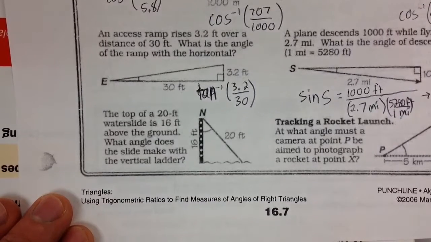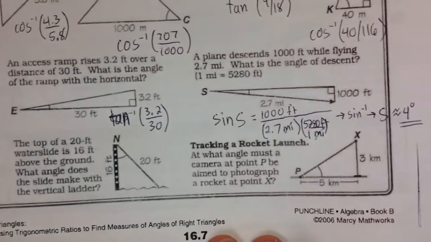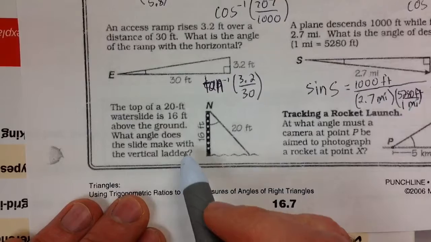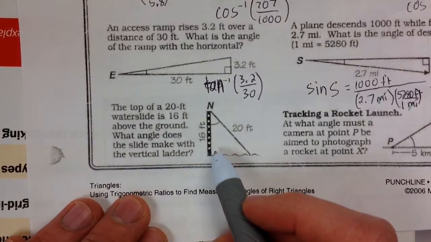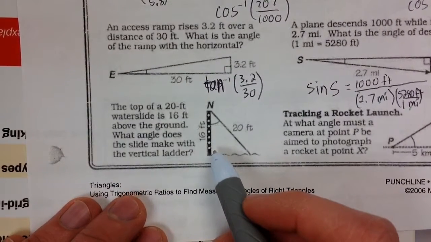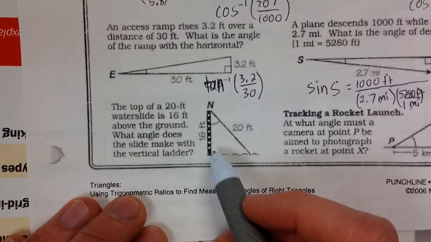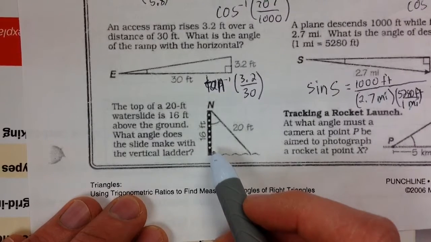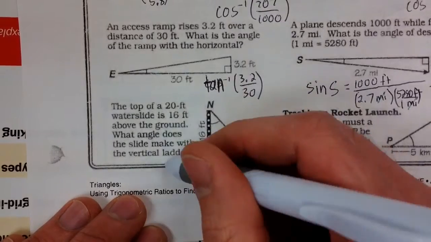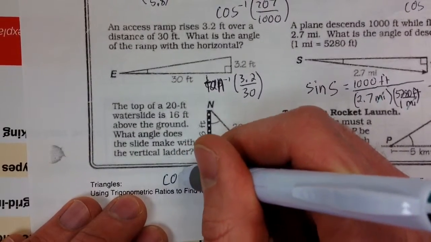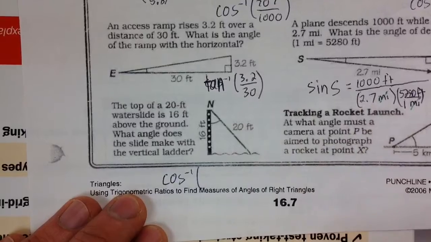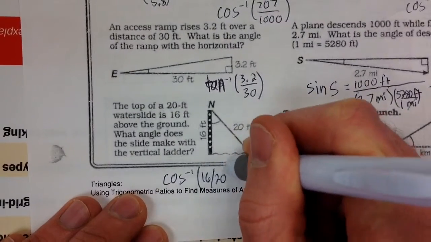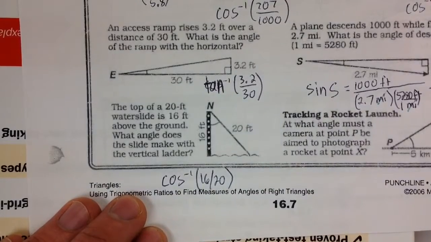Okay, Alec. It's about 4 degrees. Alec, set me up here for this one, please. Good. Yeah, inverse cosine of. Very good. And then Jake.